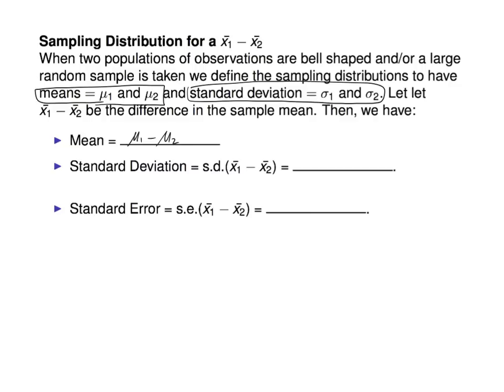And the standard deviation is the square root of sigma1 squared over n1 plus sigma2 squared over n2. And the standard error, remember standard error is an estimate of standard deviation, is the square root of s1 squared over n1 plus s2 squared over n2.